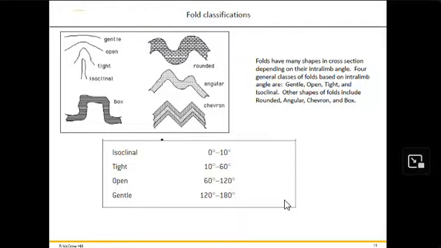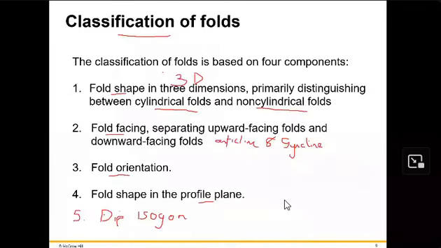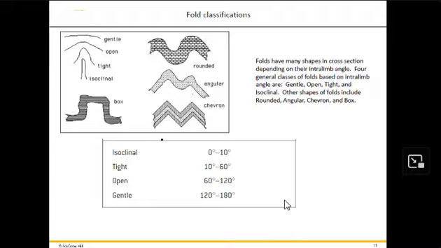And then in terms of the fold orientation, we look at the interlimb angles. So you can classify fold shapes in cross section depending on the interlimb angle. And in this regard, there are 4 classifications here.